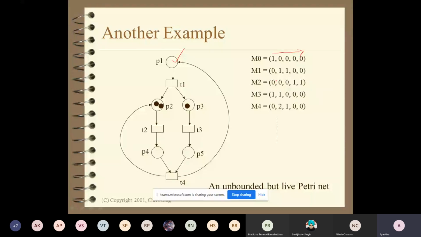That means your tokens are in P2 and P3 states, and the rest are all 0. So if you proceed this way, you will see that there is no boundedness mentioned here, but this is a live Petri-net. Why? Because from one state to another state, there is always one transition.